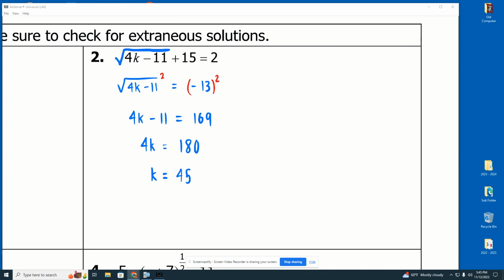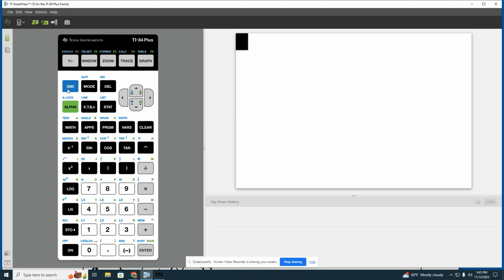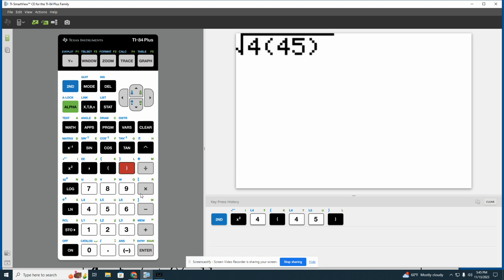So I'm going to go to my calculator, and I'm simply going to type in the square root of 4 times 45 minus 11. Then I'm going to scroll outside of that radical and do plus 15. And we're going to see if that in fact does equal 2. So again, just straight in my calculator, I'm going to type this in. The square root of 4 times 45 minus 11.